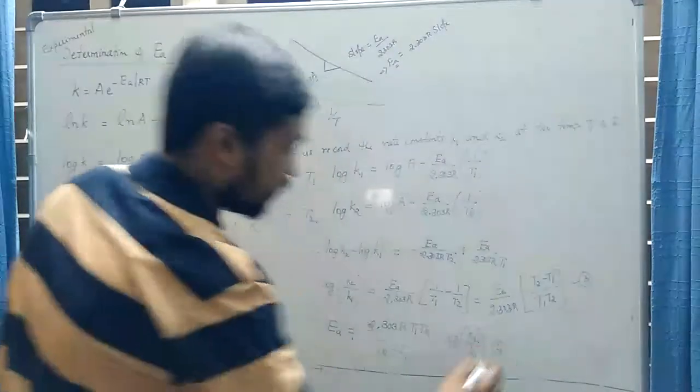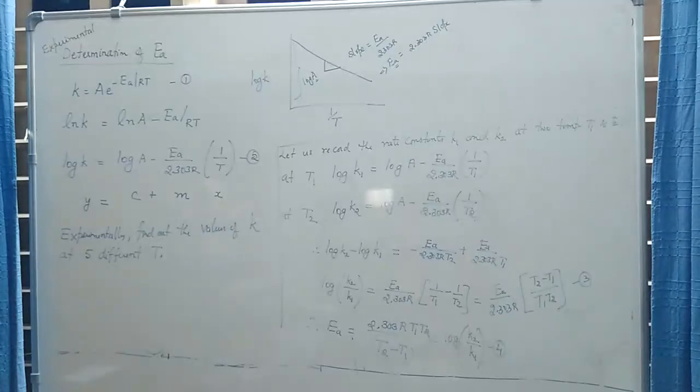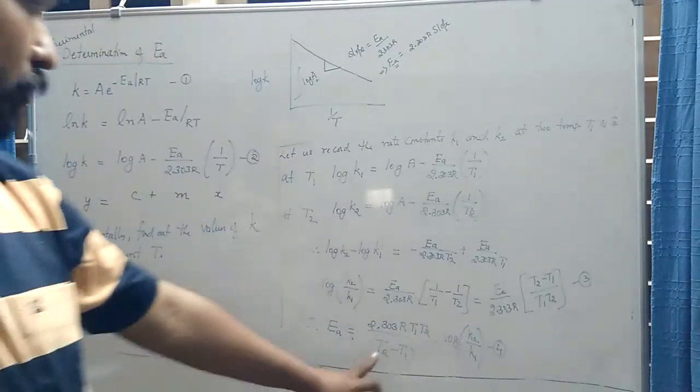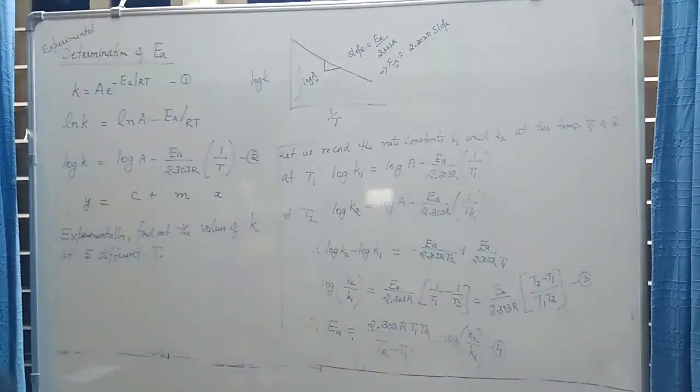So using this equation you can find out the activation energy of the reaction, because the values of K1 and K2 are experimentally determined at two temperatures T1 and T2. So by substituting the values of K1, K2, T1, T2, you can calculate the activation energy.